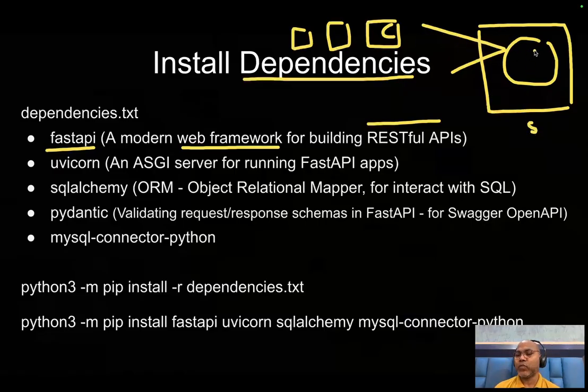So first we develop our RESTful API application, and then we have to deploy it on a server so that the server is able to run my application and always be ready to receive requests from the client. For that, we are going to use uvicorn as a web server for running our FastAPI apps.